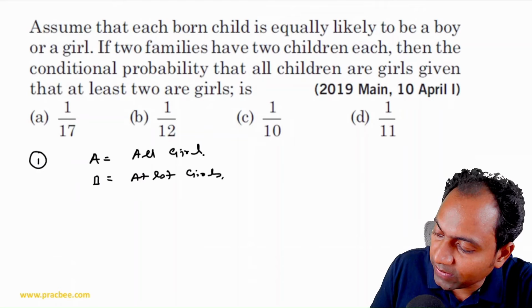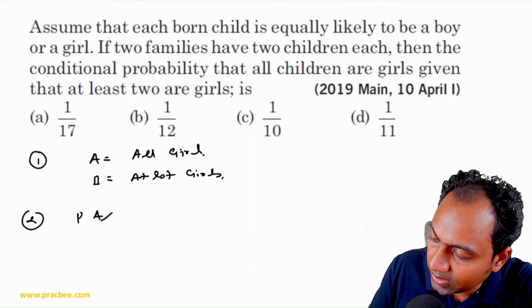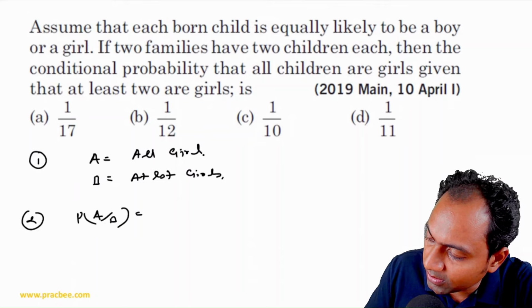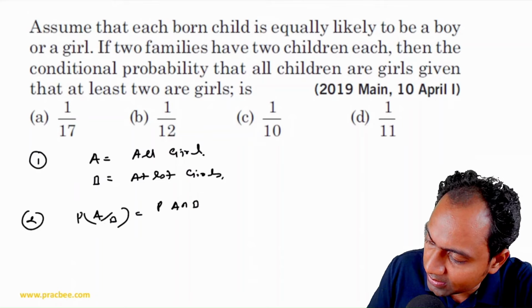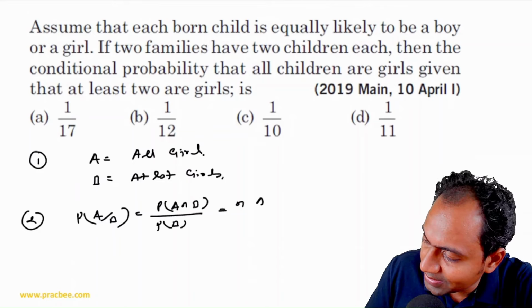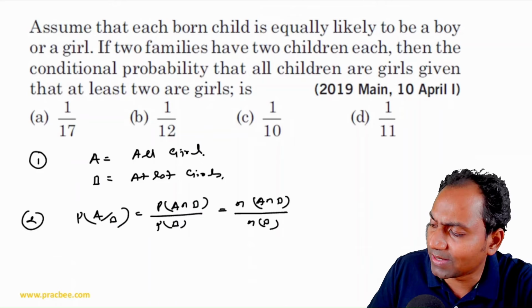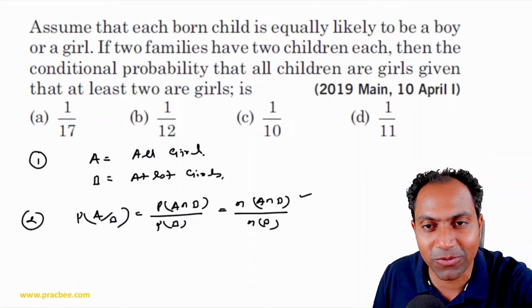So this we have defined. Second, what we want to find is P of A when B has already occurred, which can be written in two different ways: P of A intersection B by P of B, or the number of elements in A intersection B by n of B. Either of the formulas we can apply. This is simpler in this case, so the second formula we are going to apply.